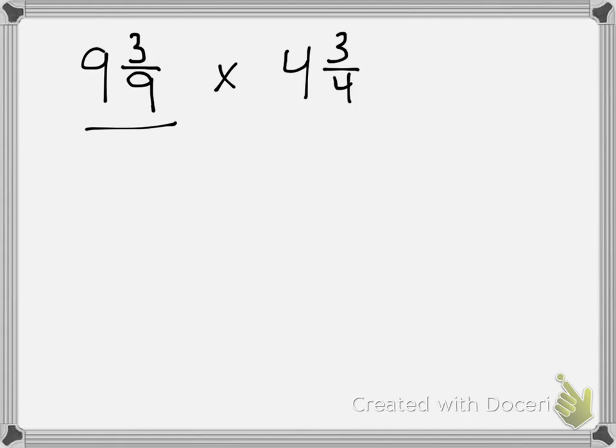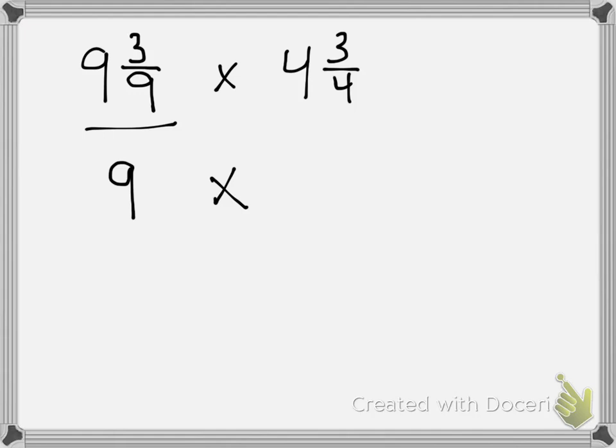Am I less than half or more than half? Well, let's see. If I was splitting 9 things up, half would be around 4 or a little more than 4. So 3/9, that's less than half. So I am not going to round up. So I'll go down to that nearest whole number, a 9.